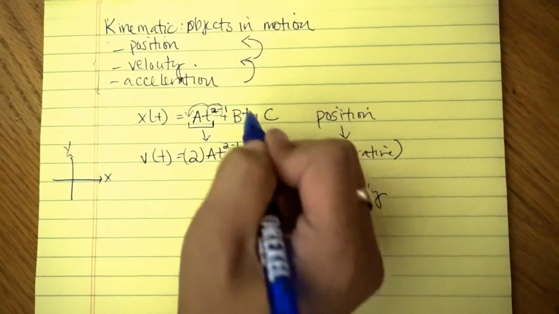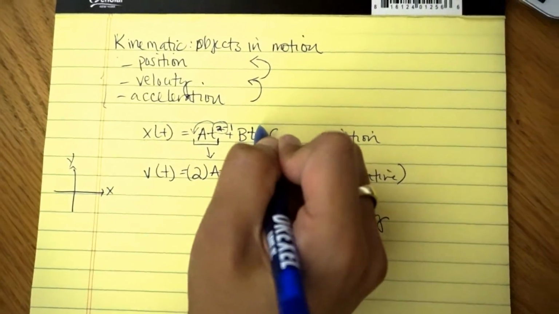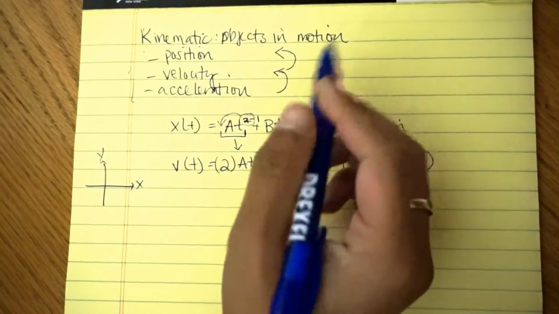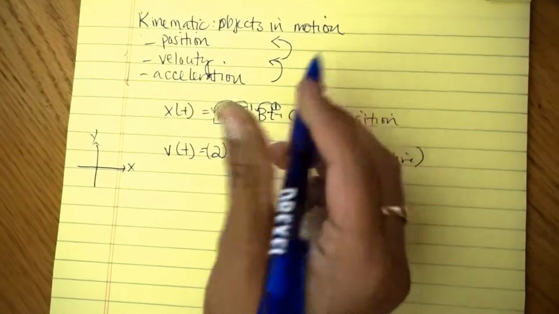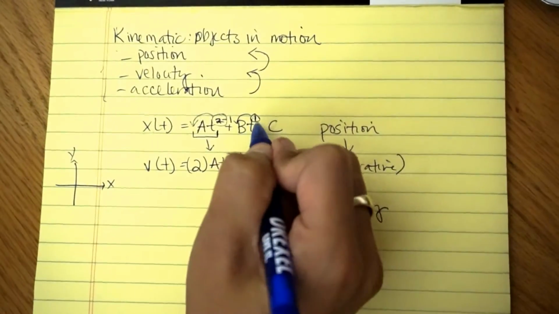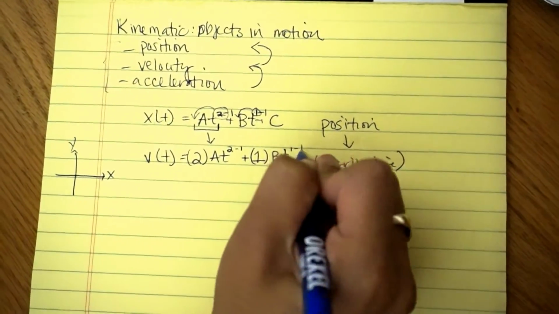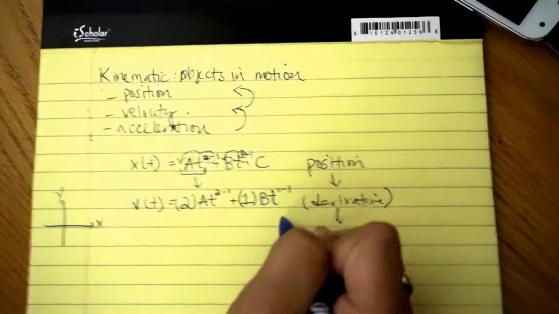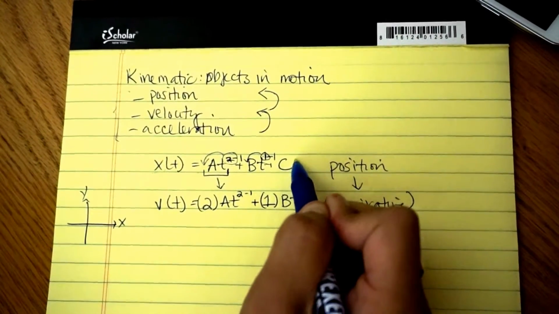Plus, and now this b t, it is the same as if it's raised to the 1 power. So you're going to bring this 1 also to the front. So 1 times b t. And now you're going to do 1 minus 1, because you have to bring it to a lower power. And then plus your c, it doesn't have any variable.